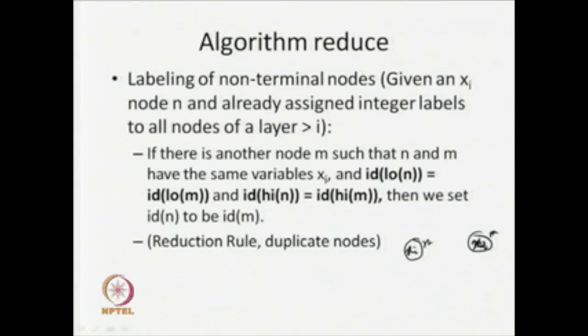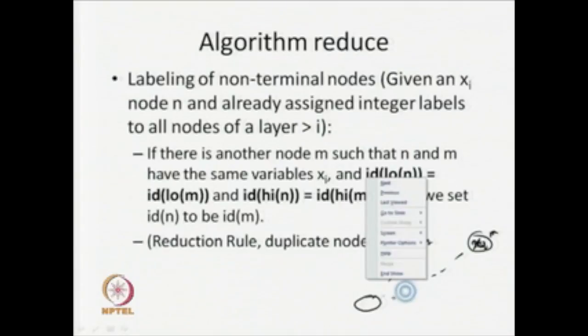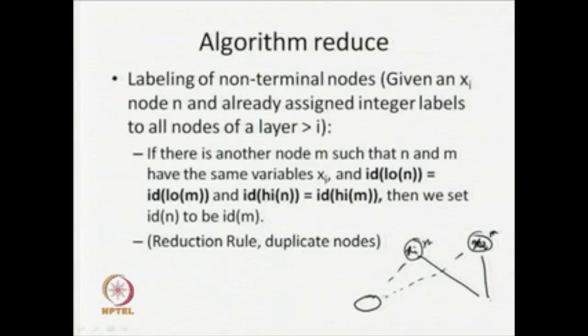If ID of low n is equal to ID of low m, that means this is low and this is low, with some label. Similarly, high and high may come to the same node, or they may go to different nodes, but both have the same label. So, in this case, low n and low m come to the same sub BDD, and similarly high n and high m come to the same sub BDD, then ID of n will be equal to ID of m.